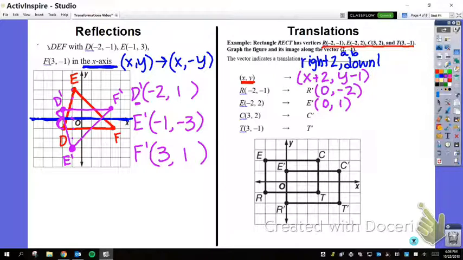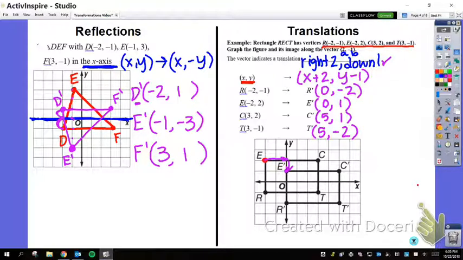Then C prime, we have 3 plus 2, which is 5. And 2 minus 1 is 1. And then T prime, 3 plus 2 is 5. And -1 minus 1 is -2. Okay, you could also look at the graph, and if this was the original E point here at -2, 2, then to get to the new E, we went to the right 2 spaces and down 1, just like it told us to.